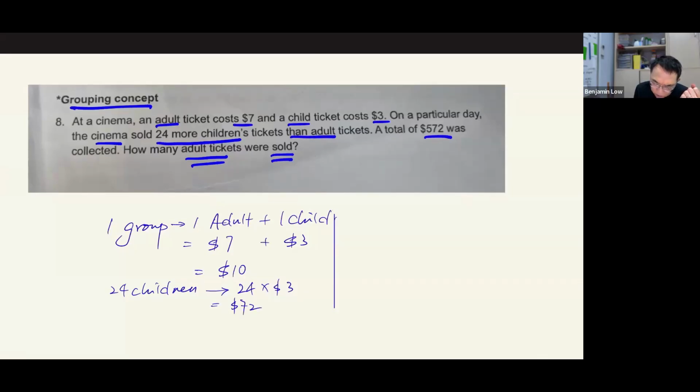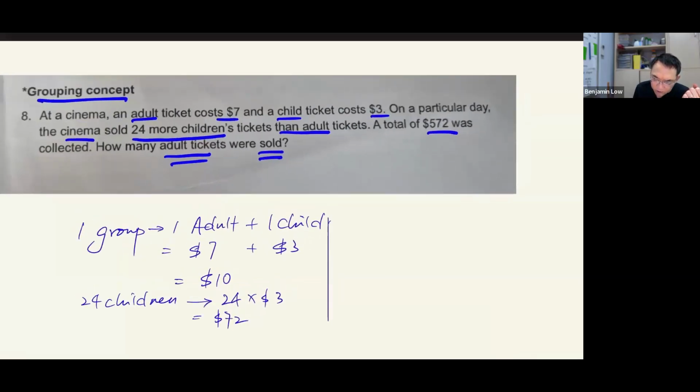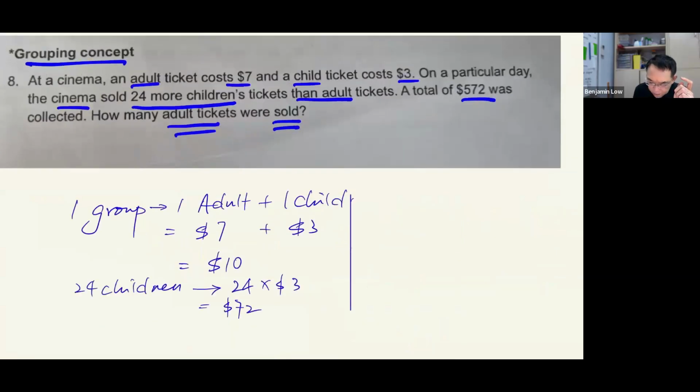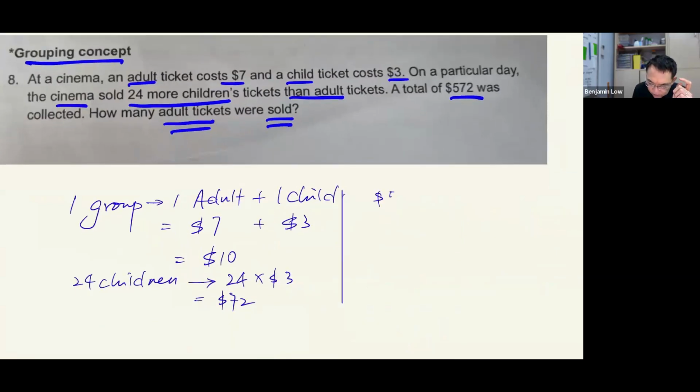Now the next thing you want to do is remove it from the 572, because right now it is part of 572, but if I'm going to divide by 10, it should not include this, right? Because it's not part of the groups. So the main thing is that for groups, remember this, they should become equal. So 572 minus 72. Oh, how convenient. Okay, so I got 500.